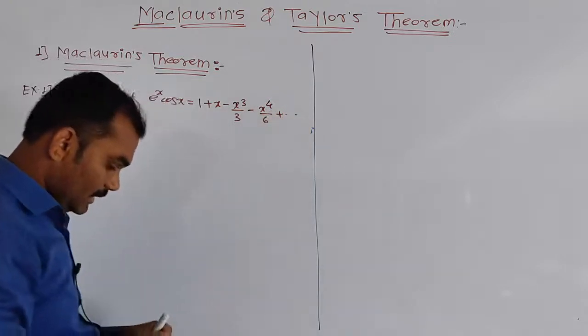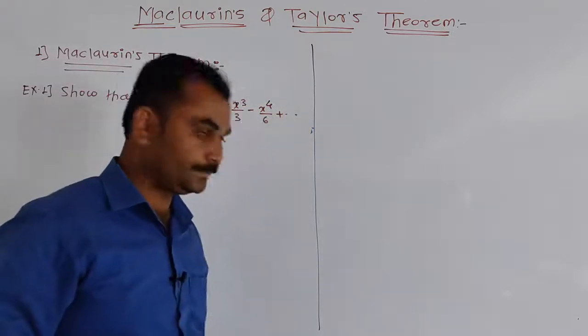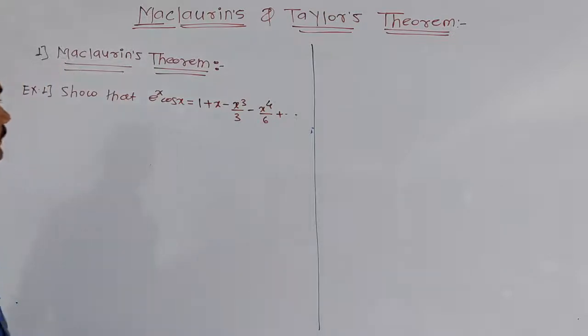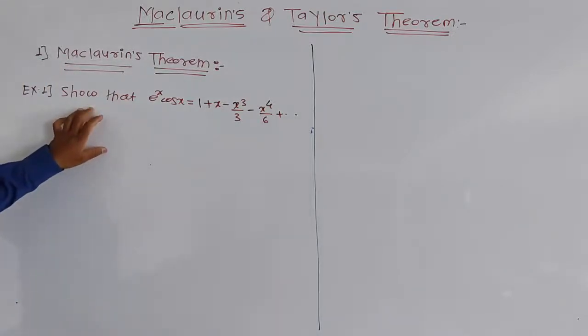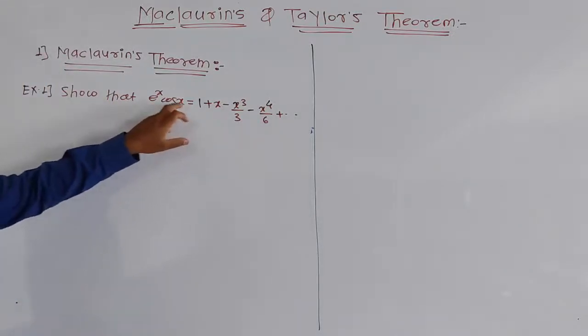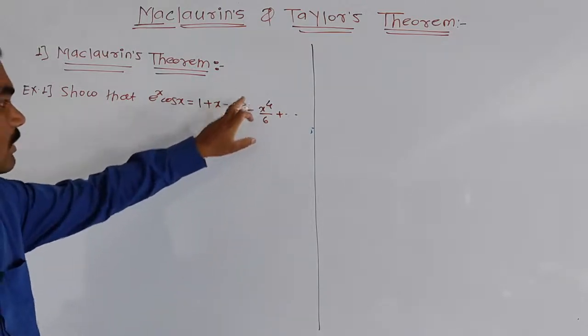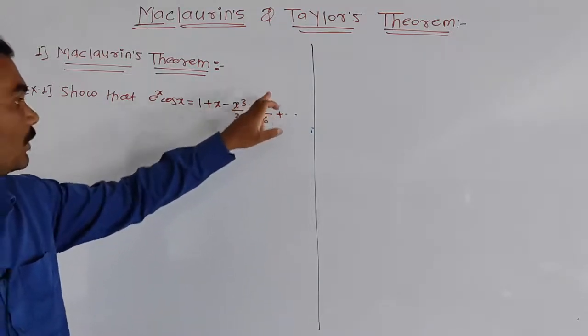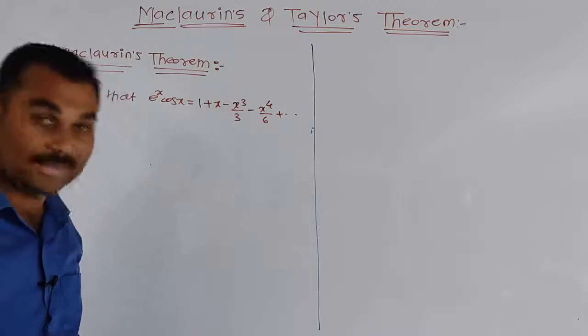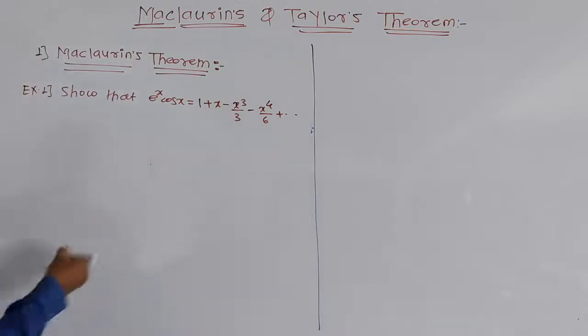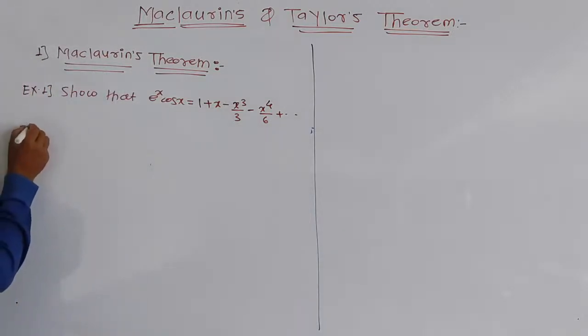Okay, we have to show that e raised to x into cos x is equal to 1 plus x minus x cube upon 3 minus x raised to 4 upon 6 plus dot dot dot. Correct. Okay, now consider LHS for finding the answer.